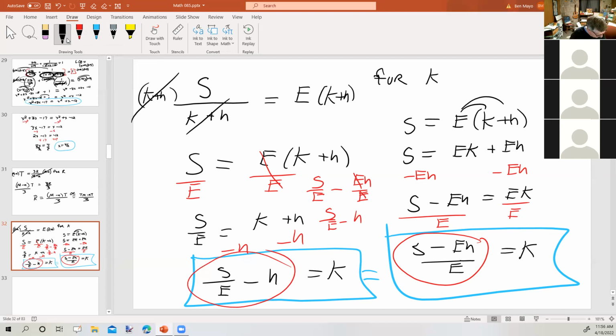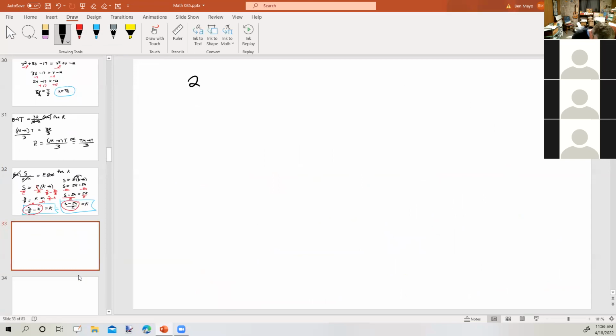All right, what about this one? 2 over C plus 2 over D equals 1 over H. Solve for C. Well, C is in the denominator and I need it in the numerator. So the first thing I'm going to do is multiply both sides by the LCD, which is CDH.